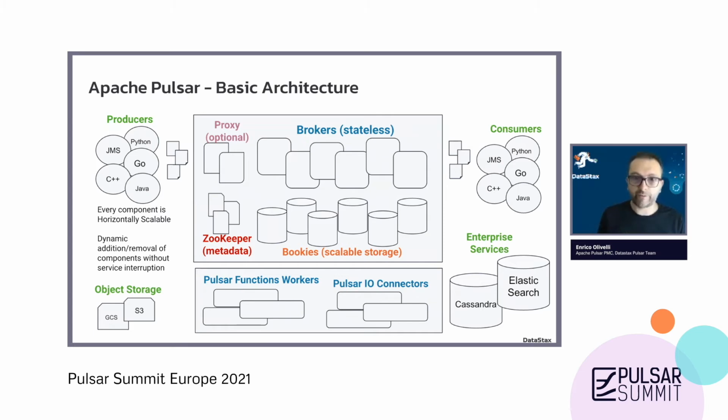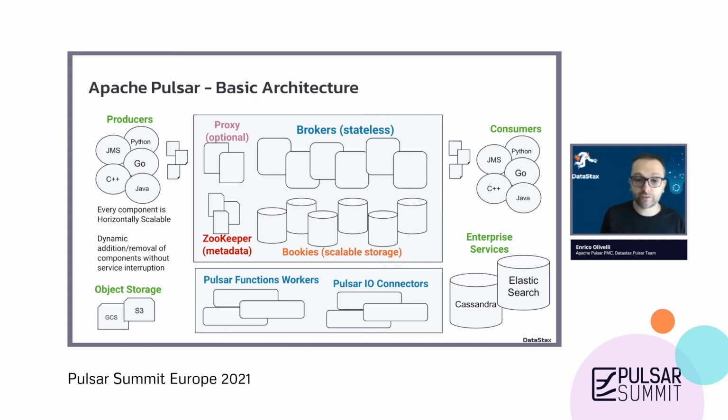You will have a metadata service like Apache ZooKeeper, and you probably will have a proxy component, especially if you're running in Kubernetes. You can also deploy Pulsar Functions in order to process data inside Pulsar, inside the same machine of Pulsar.